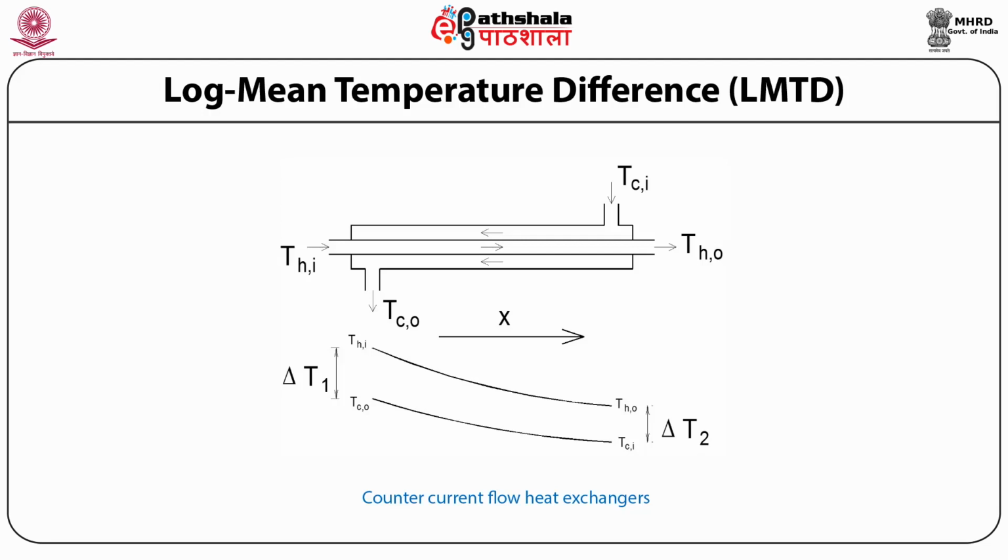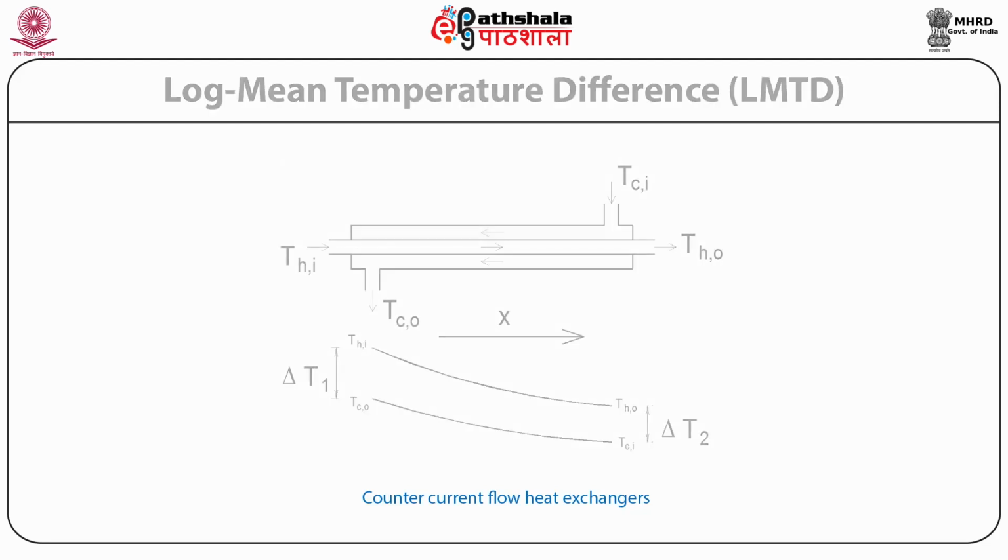In terms of temperature difference, at one end del T1 in this case will be Thi minus Tco, whereas del T2 will be Tho minus Tci. By applying del T1 and del T2 in the log mean temperature difference formula, we can get the LMTD for the countercurrent flow heat exchanger.